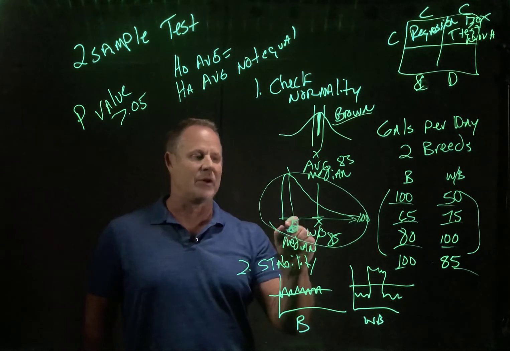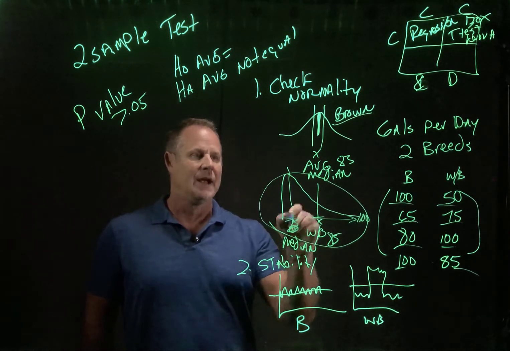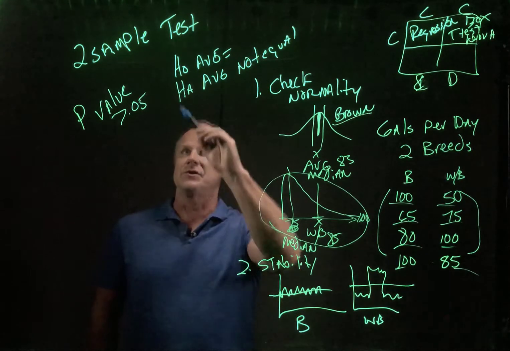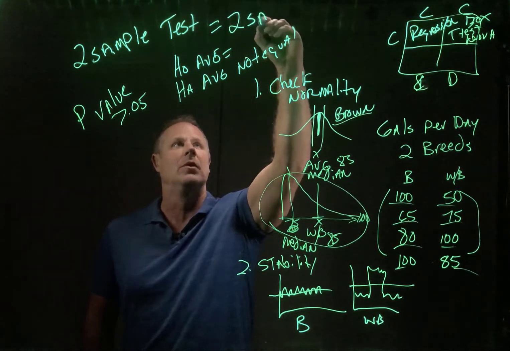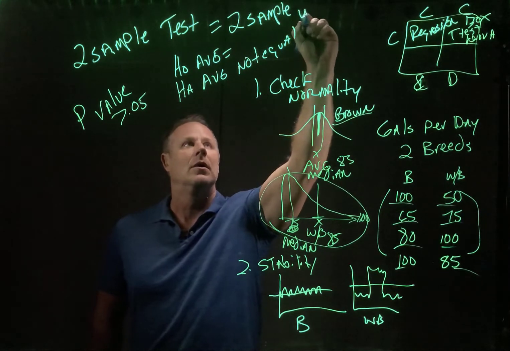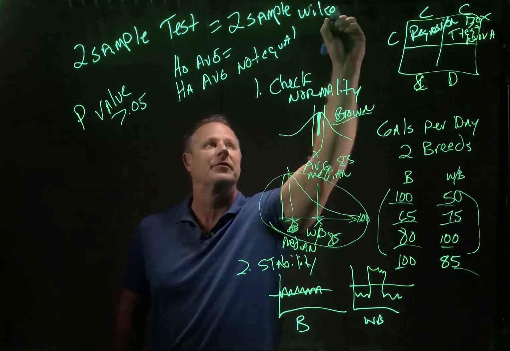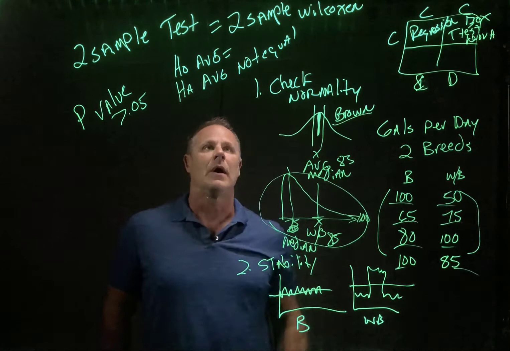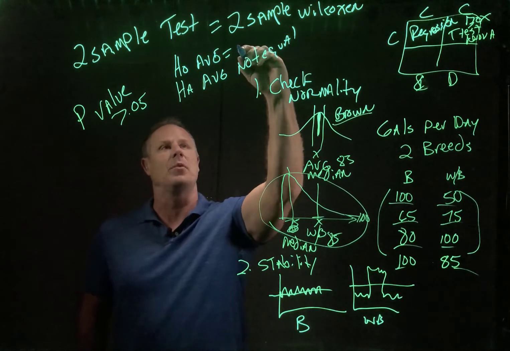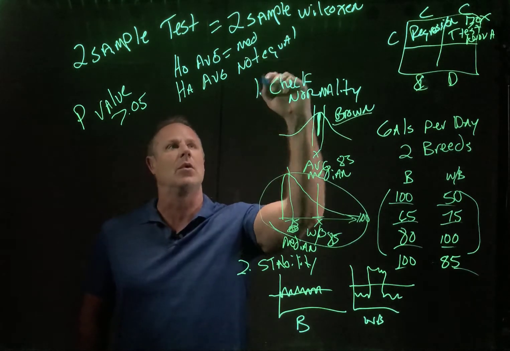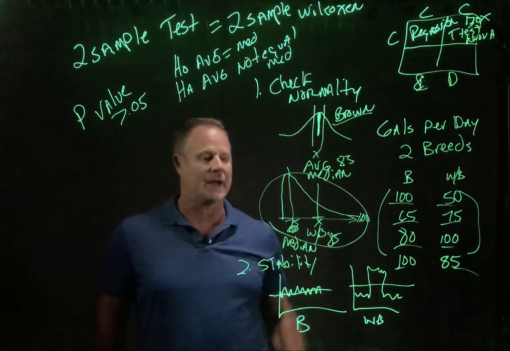So you want to check normality first because you want to account for that. In this example, a two-sample t-test can also be done with the median, which is a two-sample Wilcoxon, for example. That's one of the tests that would do that. All right, one-sample Wilcoxon, two-sample. And again, that example would be the medians are equal or the medians are not equal, okay?